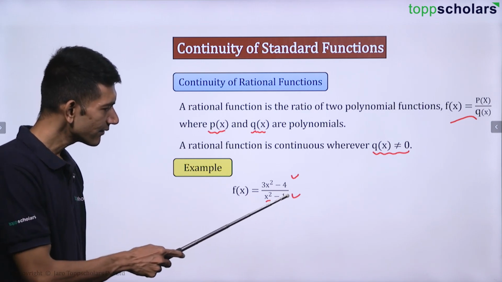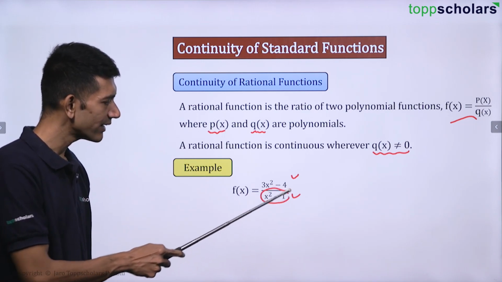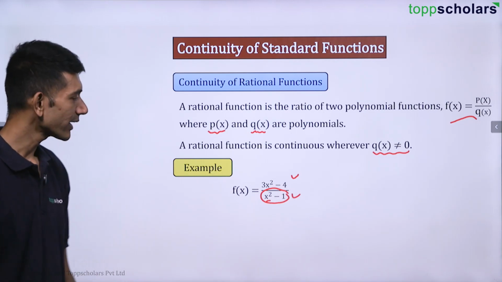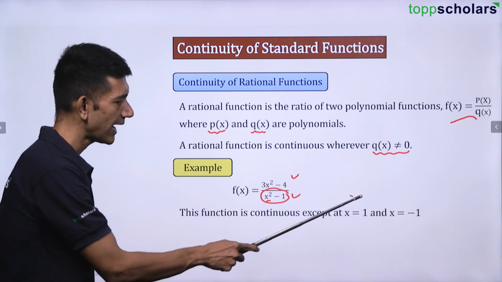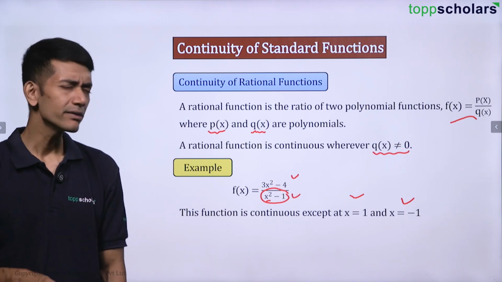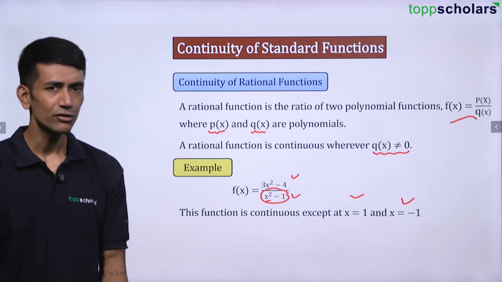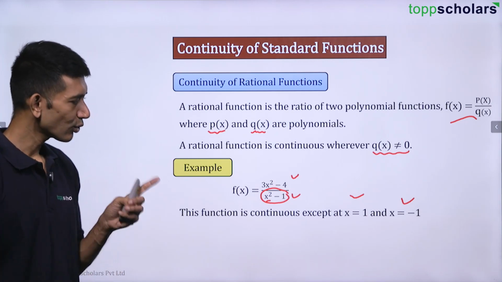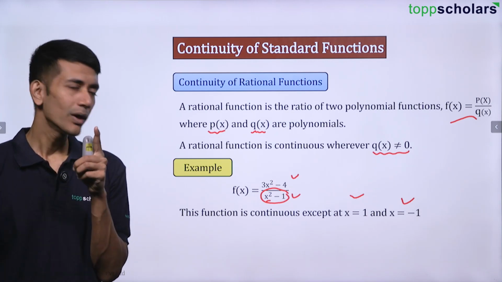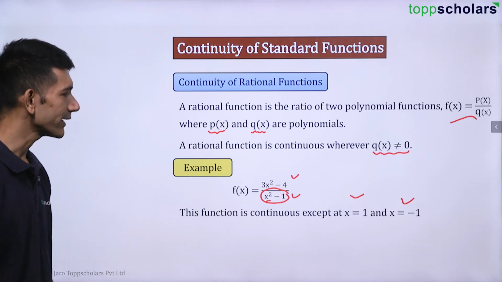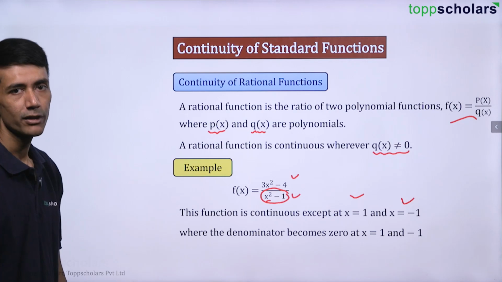So definitely, whenever x is 1 and whenever x is minus 1, this function is going to be discontinuous. But for all the other points, there is no problem. You put any other number, there is no issue at all. Correct? So there will be only two breaks. One break will be at x is equal to 1, the other at x is equal to minus 1. Clear? Because the denominator becomes 0.